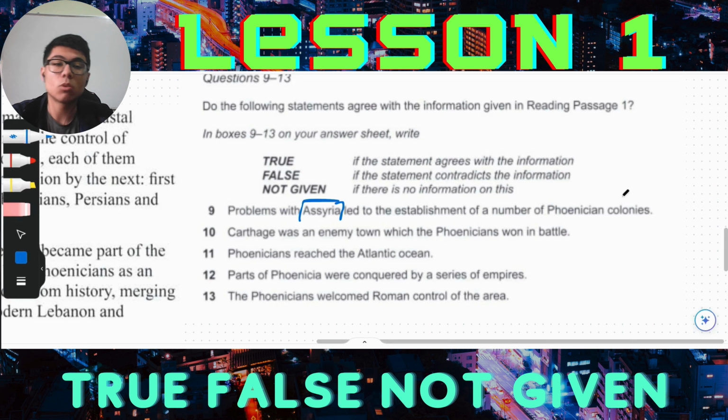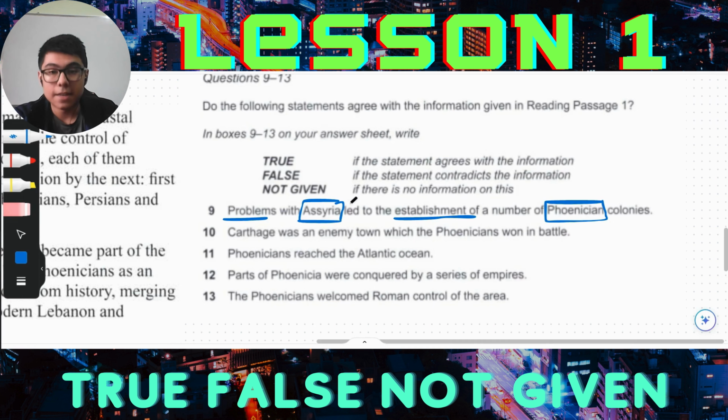And the other thing, don't worry if you can't correctly spell. It's better not to pronounce these sorts of hard words. Phoenician, this is also an unchangeable keyword. It cannot be paraphrased. There is no synonym of it. So problems led to the establishment.